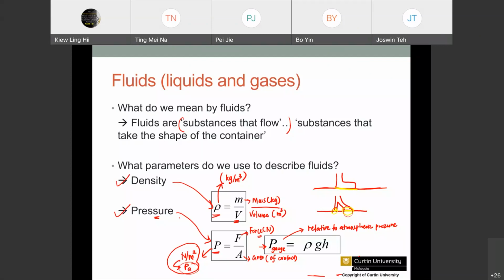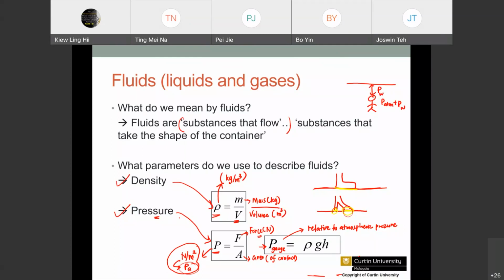For example, if you are diving down into the water, the total pressure, or the absolute pressure, I mean the real pressure that you receive down inside the water, is equal to the atmospheric pressure plus the pressure applied by the water on you, correct? That is what we call absolute pressure, or the actual pressure.